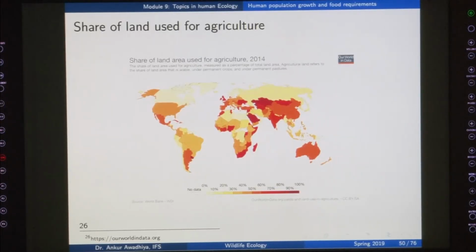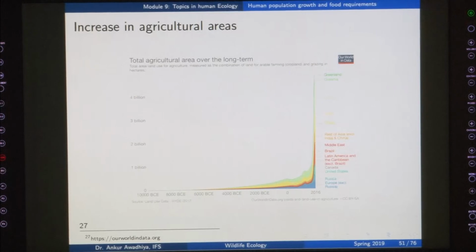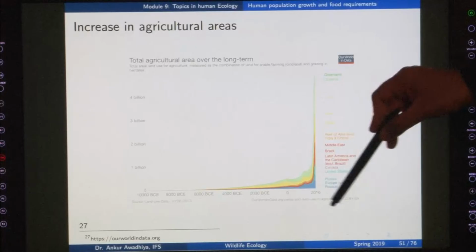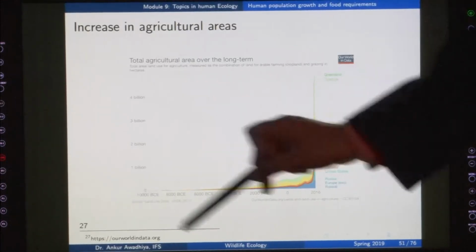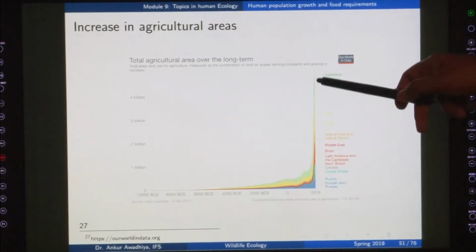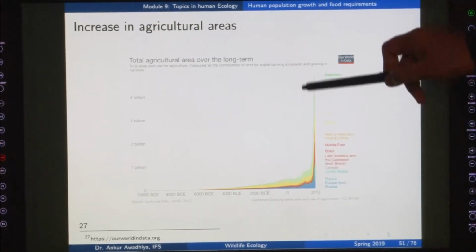So, if you look at the rise or the increase in the agricultural areas, here we can see on the x axis the area that was under agriculture, and agriculture started around 10,000 BC, and the amount of area under agriculture has been increasing exponentially.